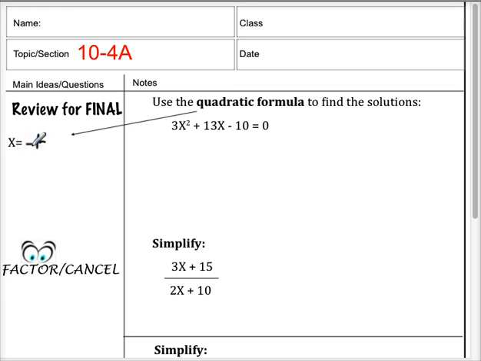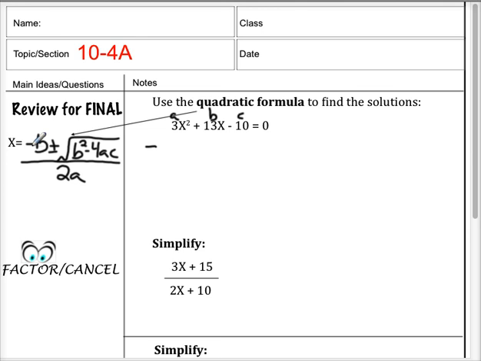Well, we're talking about negative b plus or minus square root of b squared minus 4ac all over 2a. So let's start plugging this in, recalling that 3 is going to be our a, the 13 is our b, the negative 10 is our c.